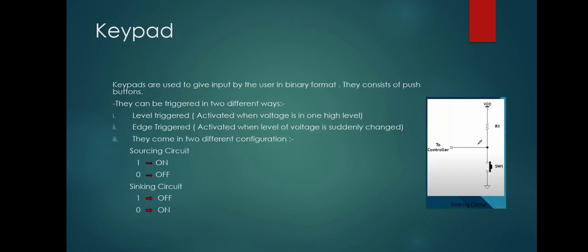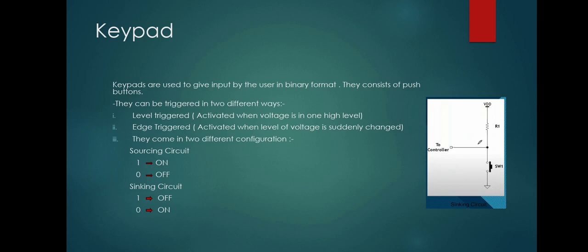The next component is the keypad. Keypads are used to give input by the user in binary format. They consist of push buttons. They can be triggered in two different ways. First, level triggering, in which it is activated when the voltage is at one high level. Another is edge triggered.